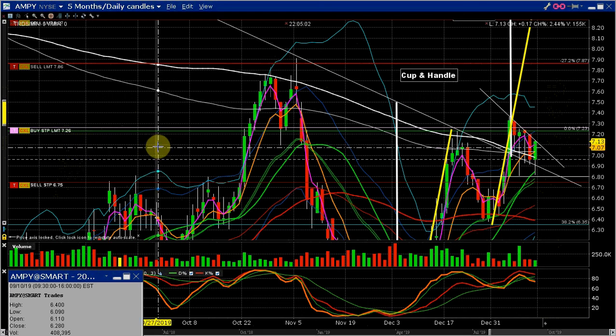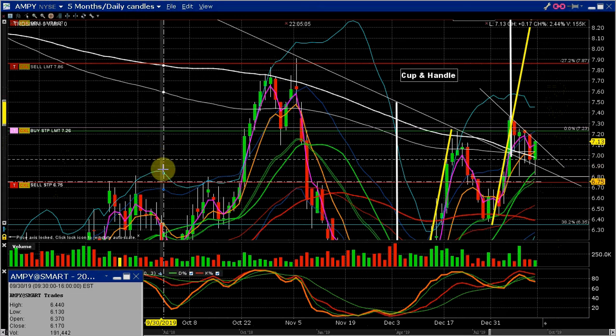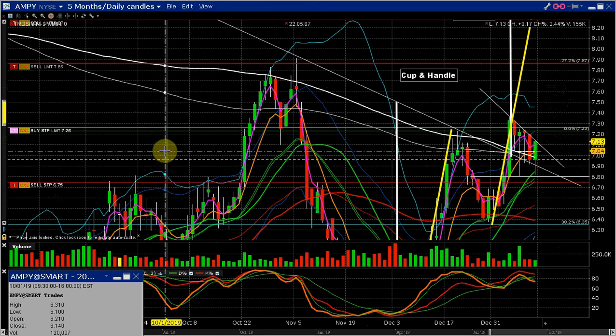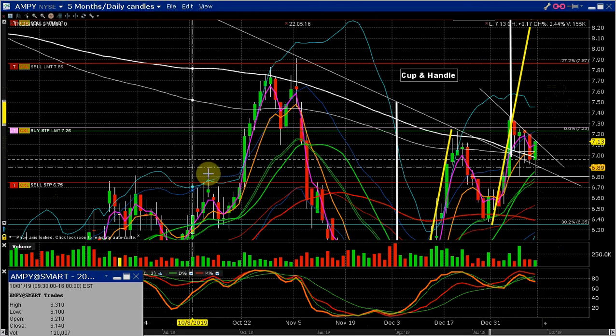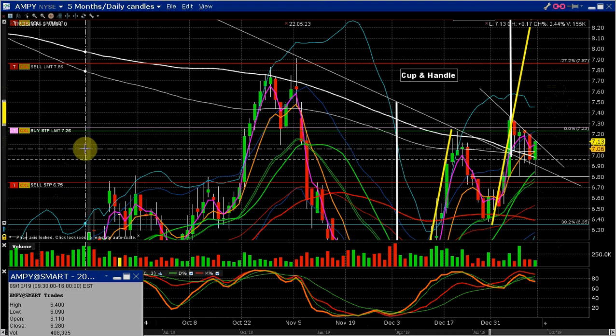So if my order's filled and it turns around and comes right back down and hits my stop, I will lose 50 cents a share. So I'm going to buy 3 different lots because I have 3 different targets of 100 shares each. So my maximum loss would be 50 cents times 100 shares is $50, and I got 3 lots, that's $150.